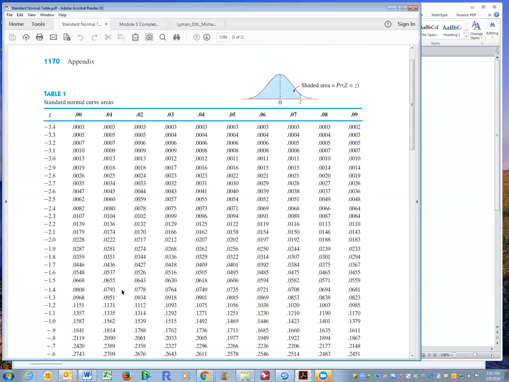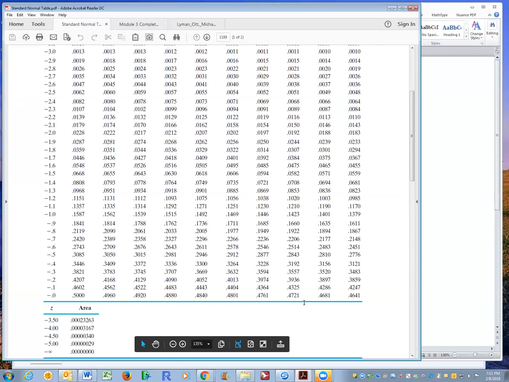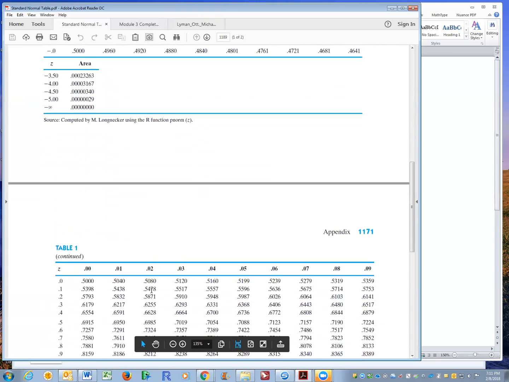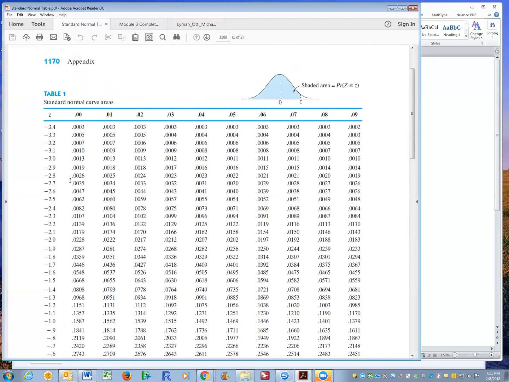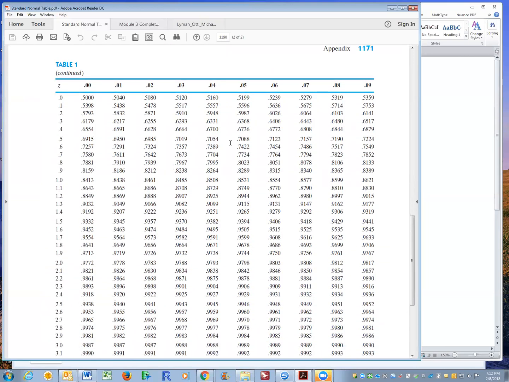If you look at this first part of table 1, all these areas are less than a half, because these deal with Z scores that are less than 0. But when we get to the second part of table 1, all these areas are greater than a half because they deal with Z scores to the right of 0. But I want to find an area of 0.90.